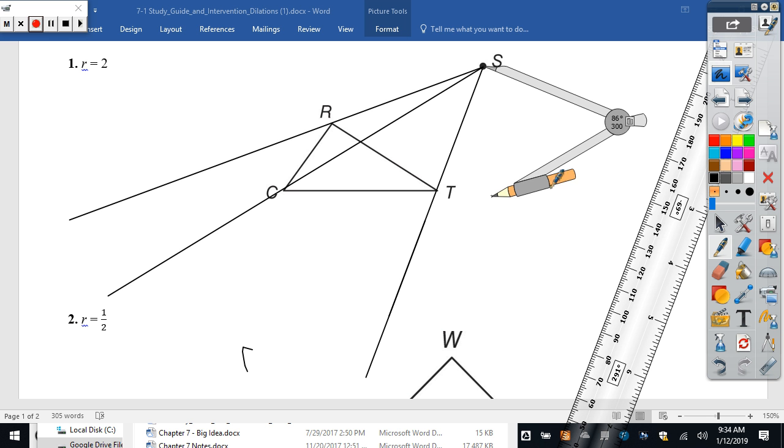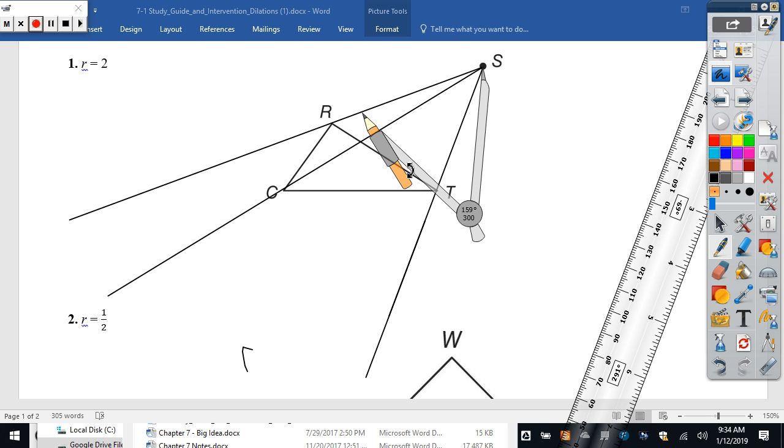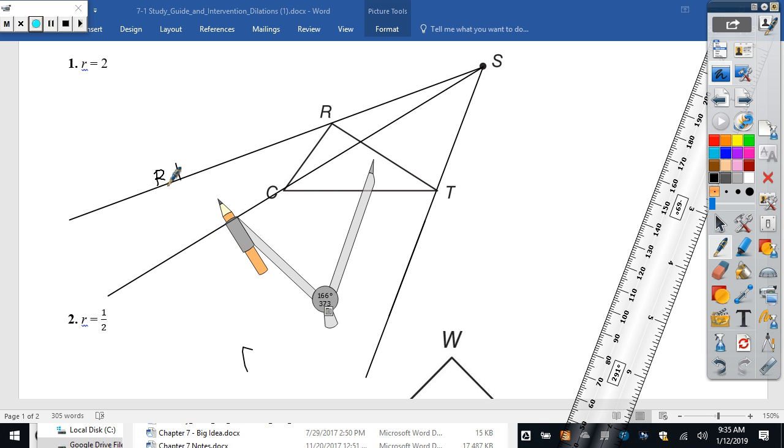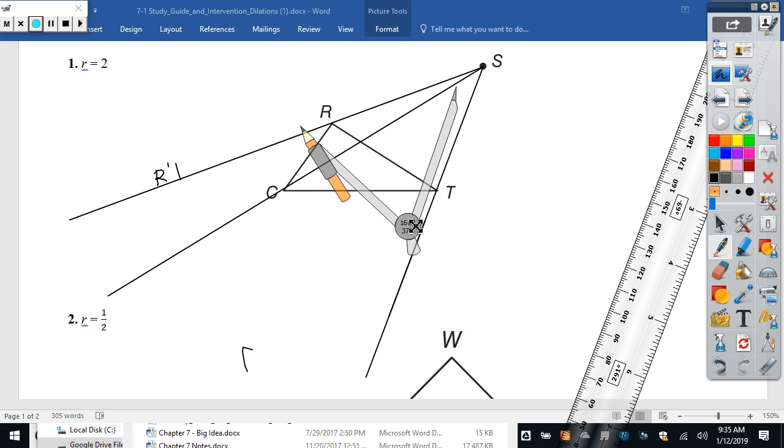Okay, so I'm going to put that on the center point there. I'm going to stretch this the given length. Okay, and you guys did this on your construction packet the other day where you measured a length with your compass. I'm going to take this and I'm going to make another mark. And right there is where R prime will have to lie. Okay, that's the new point of R, twice the distance.